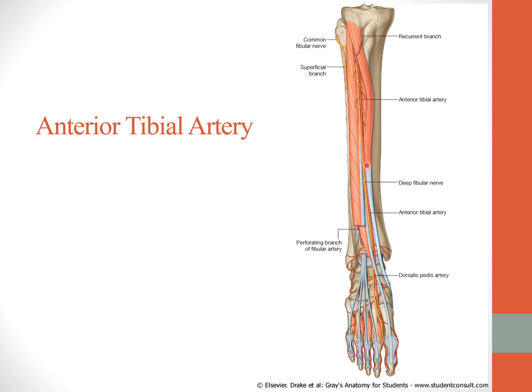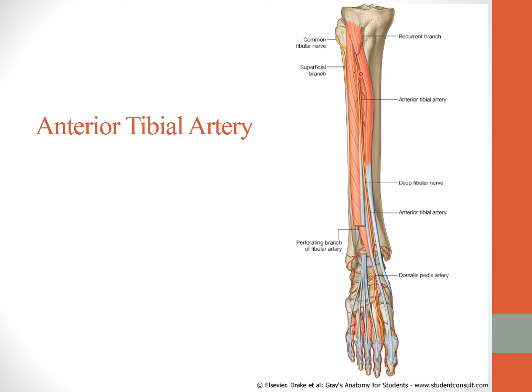But as it descends downward, just above the ankle, it lies between the tendons of two very important muscles, which are extensor hallucis longus and extensor digitorum longus, as you can see.